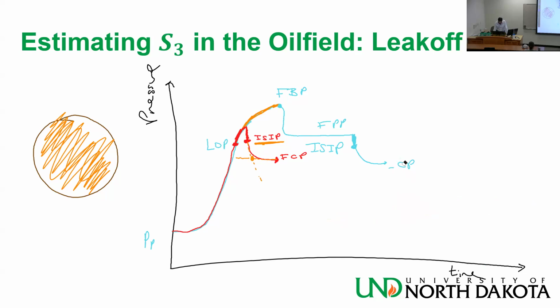Let's just say that I make it better like this, and then FCP, I guess, but I keep on going down. If I start pumping again, how high will I go until I get my next FBP?